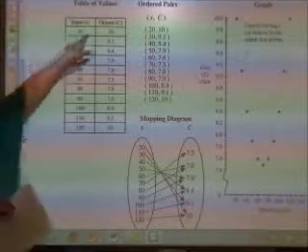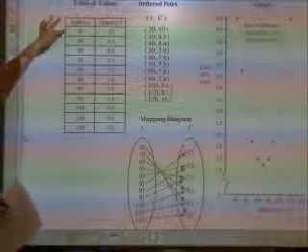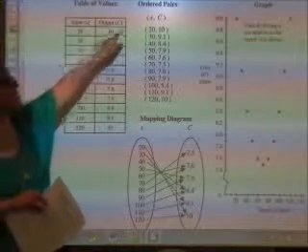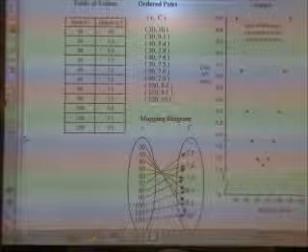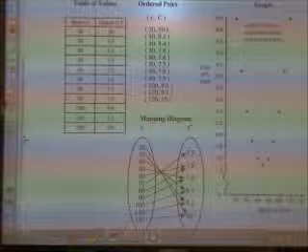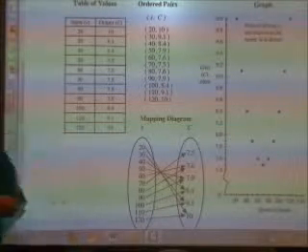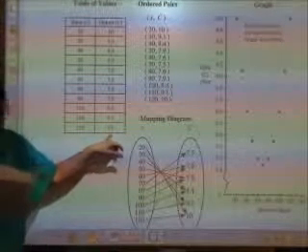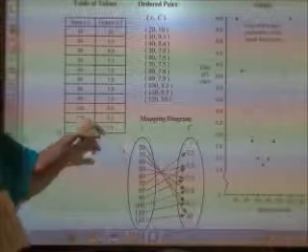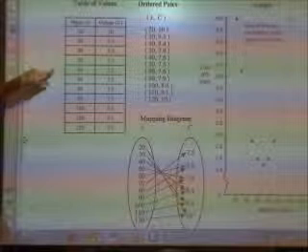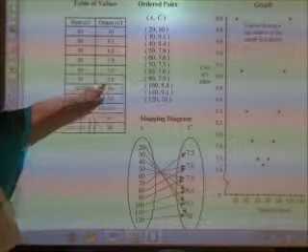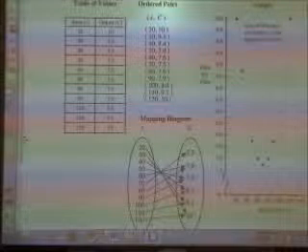So here's my table of values. At 20 kilometers per hour, it costs me 10 cents per liter. Or sorry, 10 cents per kilometer. At 120 kilometers an hour, it is also costing me 10 cents per kilometer to drive. But right here, at 70 kilometers per hour, it's costing me 7.5 cents per kilometer.